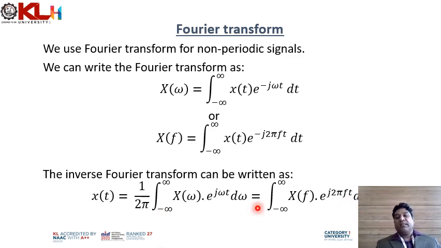Now both of these integrals are same. So we have two equations for the Fourier transform, either using the variable omega or using the variable f. So the Fourier transform can be either capital X of f or capital X of omega. The inverse Fourier transform also we can do the integration of either capital X of omega or the integral of capital X of f.